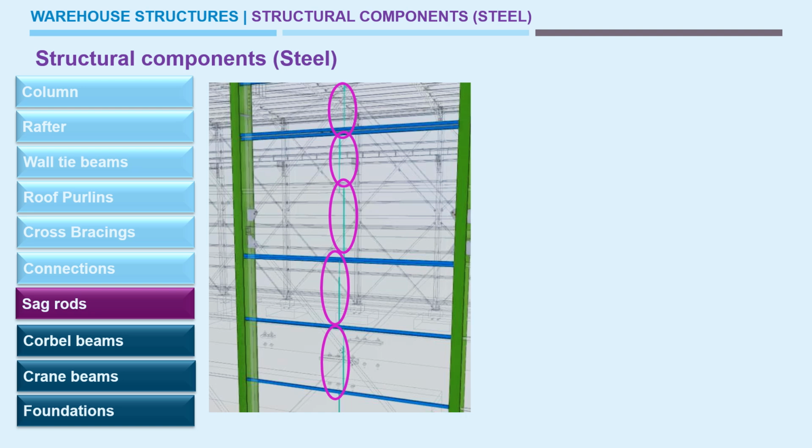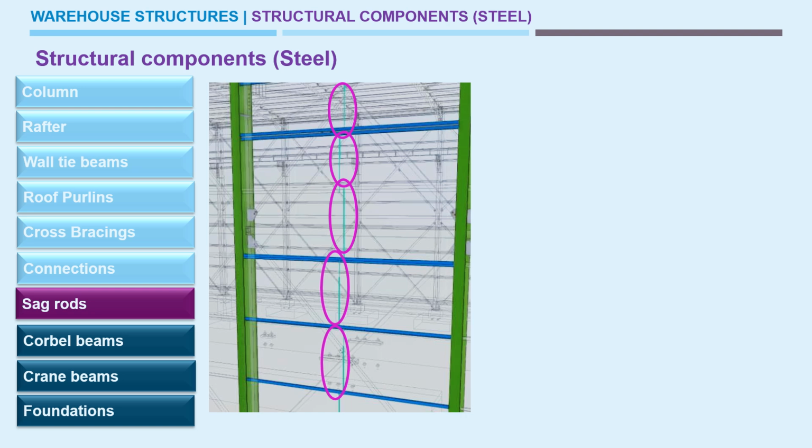However, the cross section of these steel members is very small, so we cannot go for heavier sections. If we go for heavier sections, then the structural loads to the column and the rafter will increase more. In order to avoid that, we provide the sag rod so that the span can be reduced.